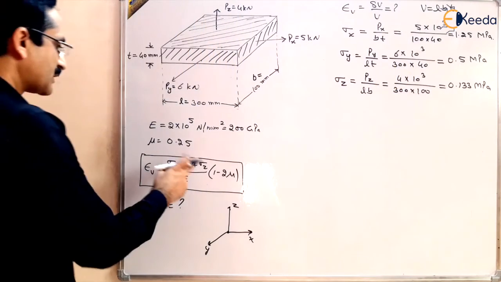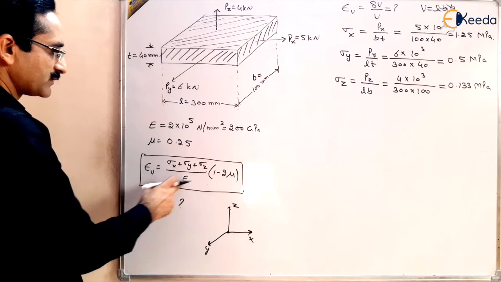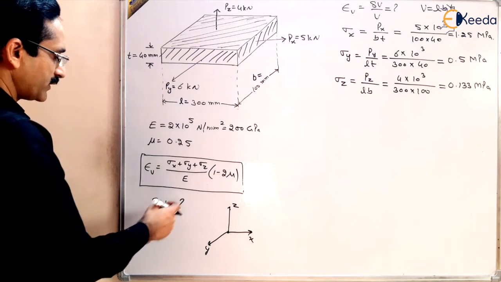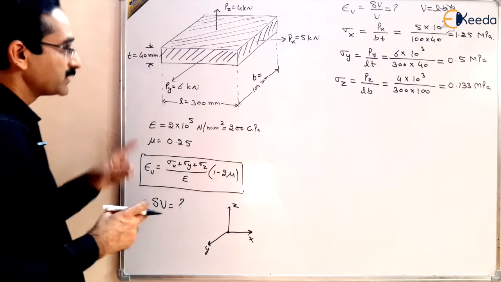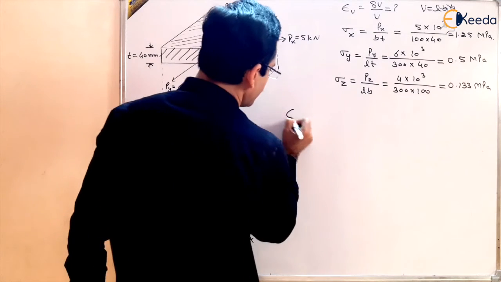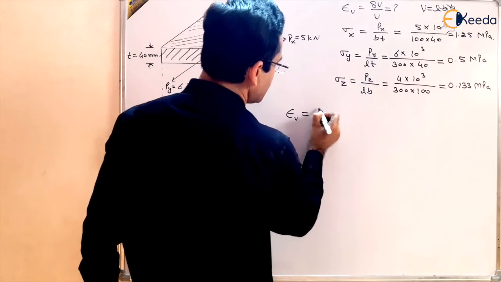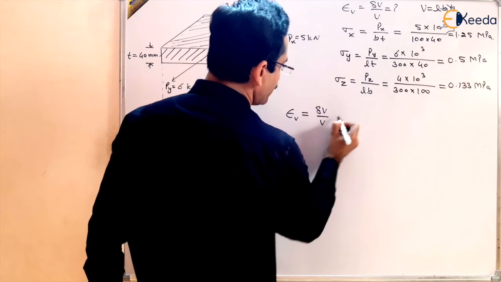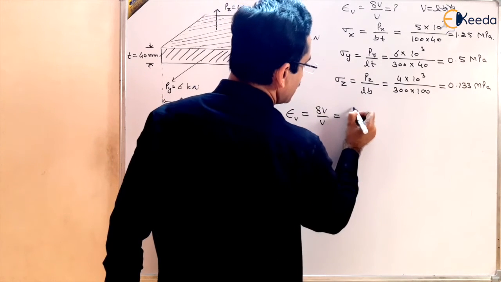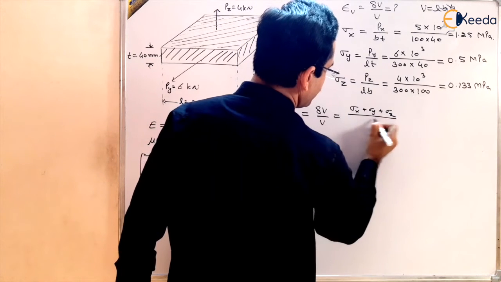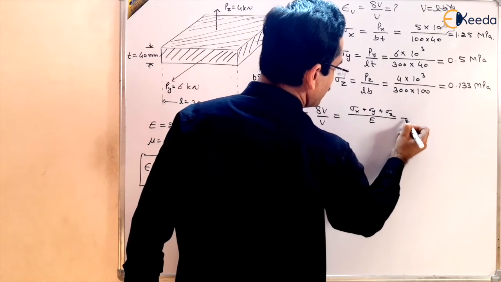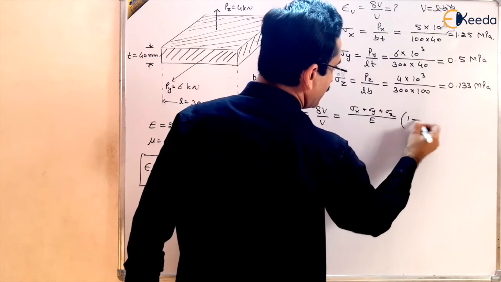Sigma x, sigma y, sigma z is known to us. E is known to us. 1 minus 2 mu is known to us. So we can find out volumetric strain, and by this we can find out change in volume. So volumetric strain, which is nothing but the change in volume per unit volume, will be equal to (sigma x plus sigma y plus sigma z) by E times (1 minus 2 mu).